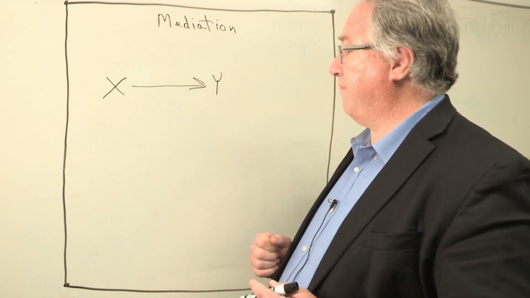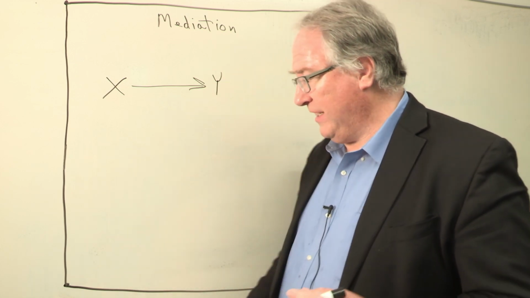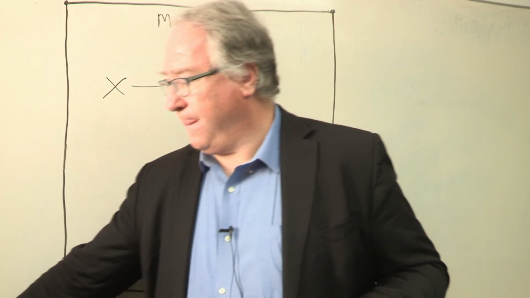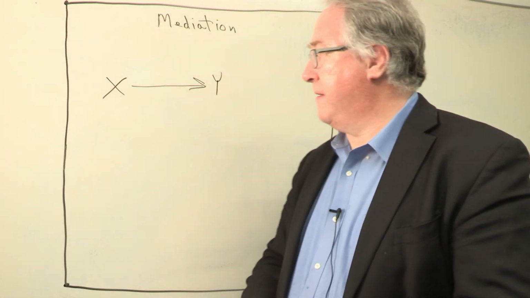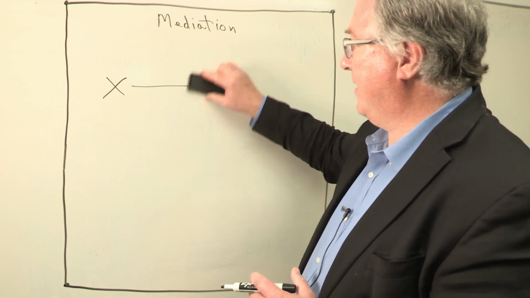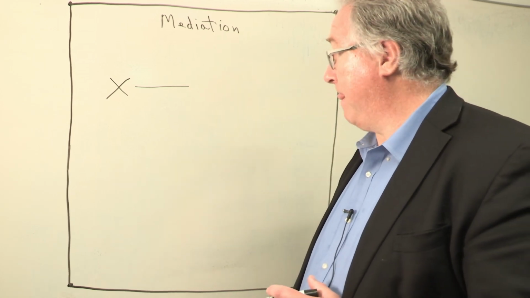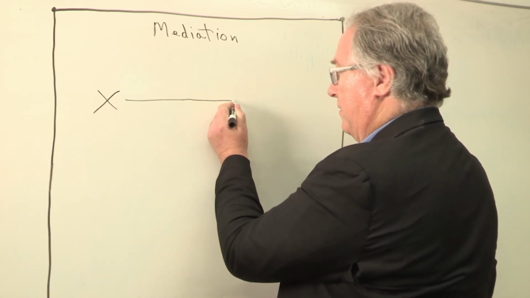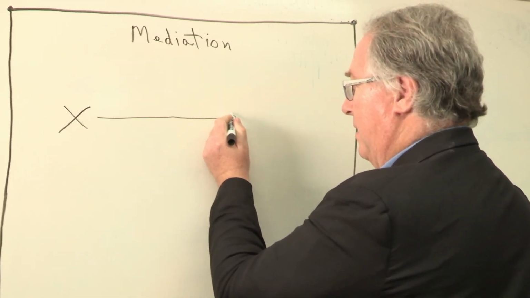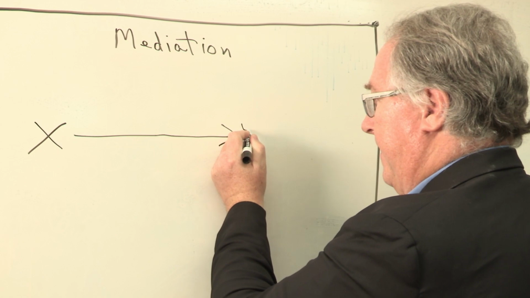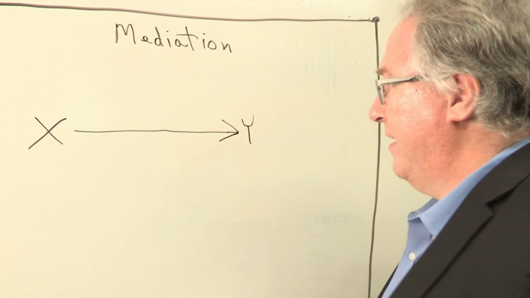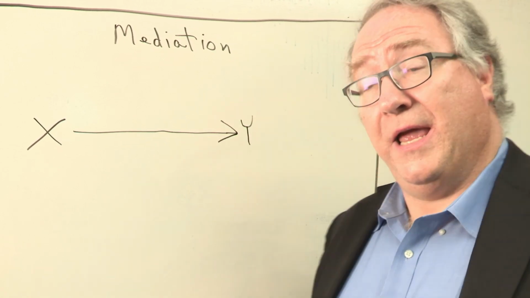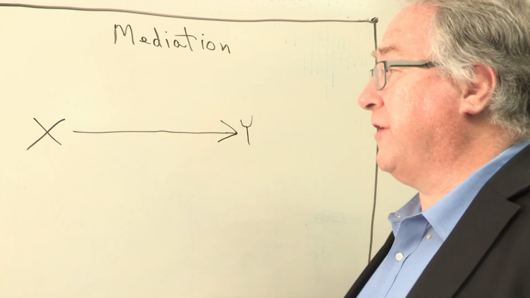All right, so I'm going to draw this out a little bit differently, longer, because I want to have more room. You'll see why I did that later. I just need some more room to work.